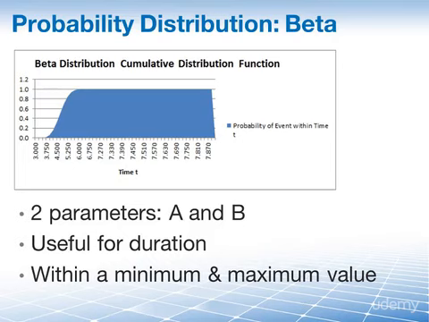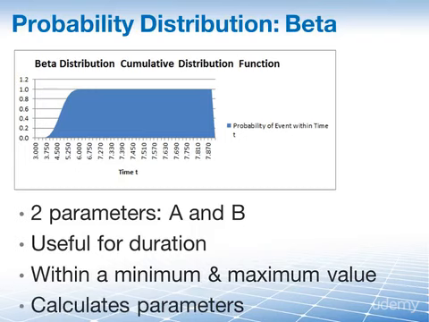Hence, this is also used in PERT or time completion estimates. By using either the mean and standard deviation or the minimum and maximum durations, the project team can now use data to calculate parameters for beta distribution.